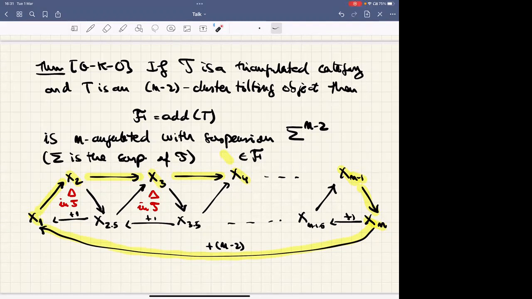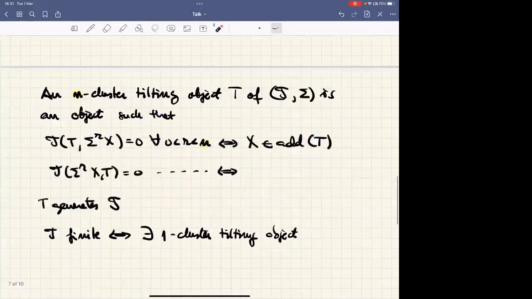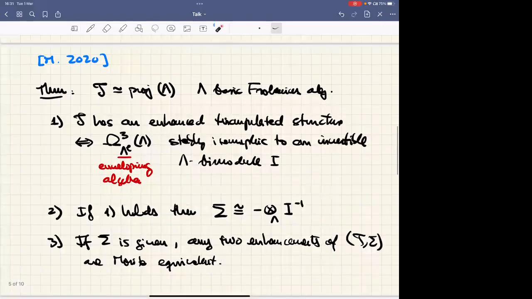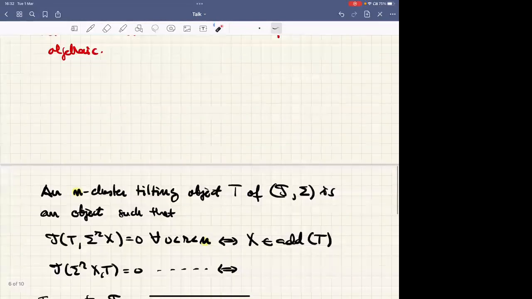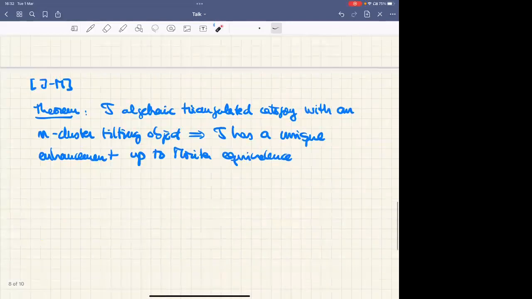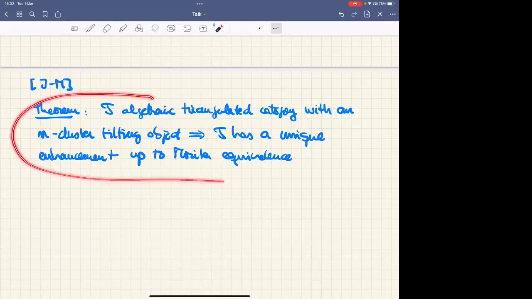And okay, so now we're going to state a theorem like this one for n-angulated categories. And we're going to see that our theorem for triangulated categories with a cluster tilting object is a corollary. Why have I presented this theorem first? Because this is the main motivation, right?